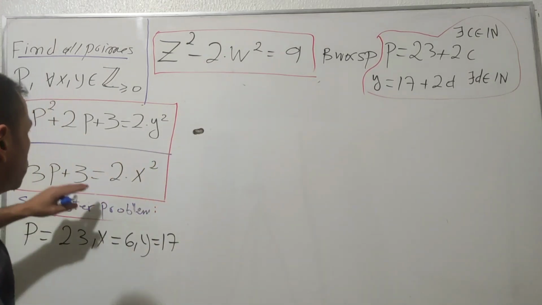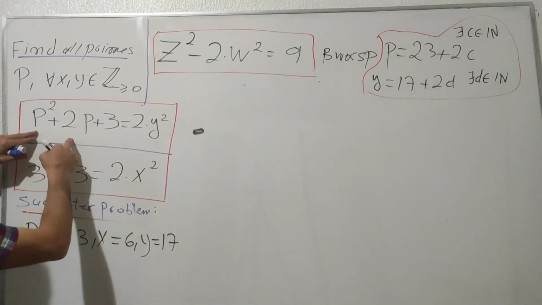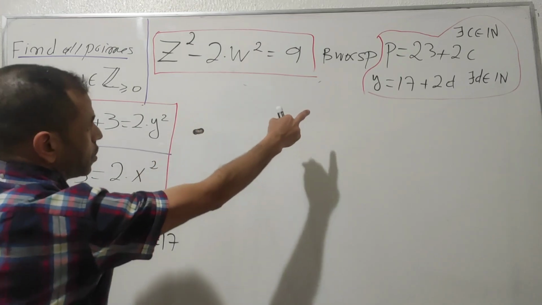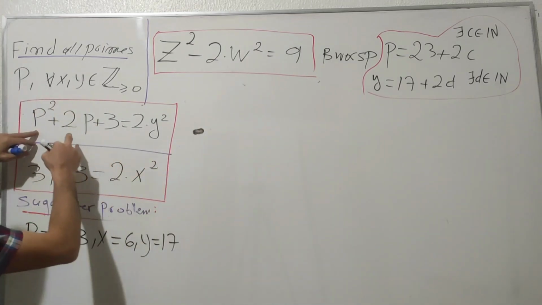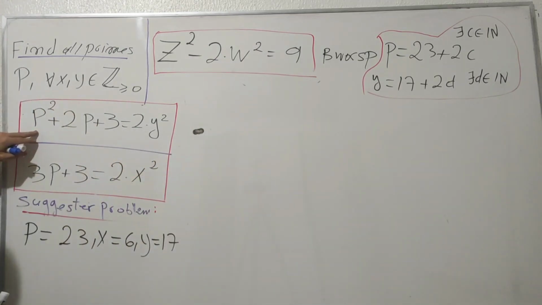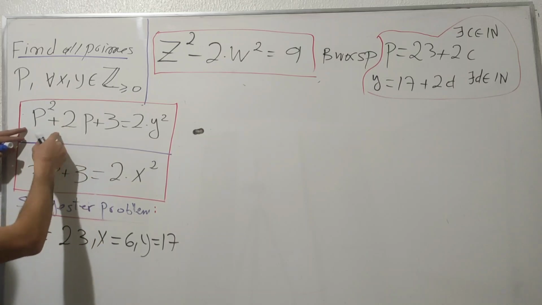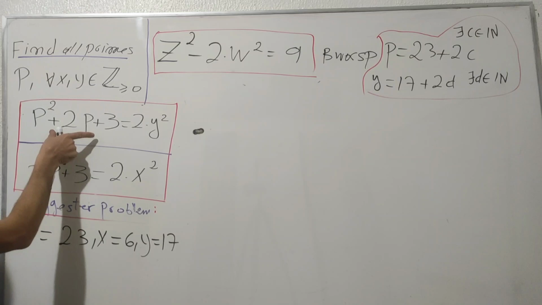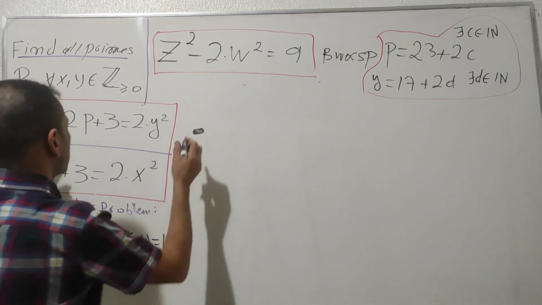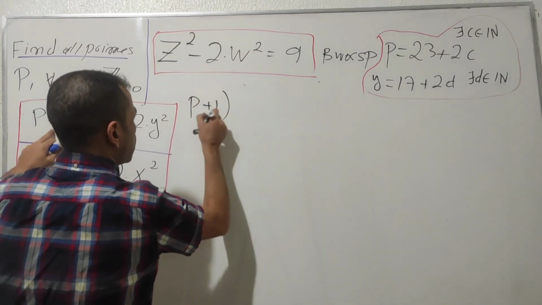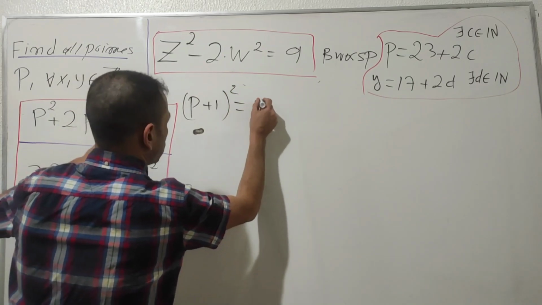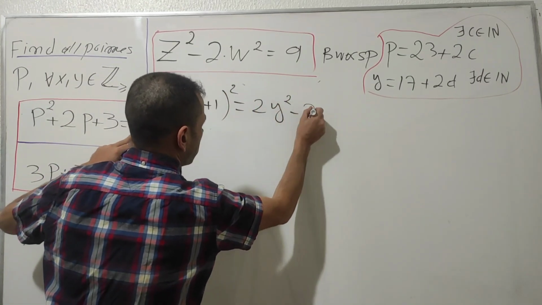We are going to use the first equation, taking these values that I have here as assumptions and putting them into the first equation. Without doing a lot of calculation, I'm going to transform this into a quinary square as I have previously done. So this one was p plus 1, quinary square, which equals 2y squared minus 2.